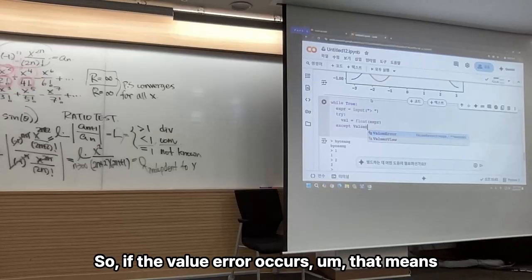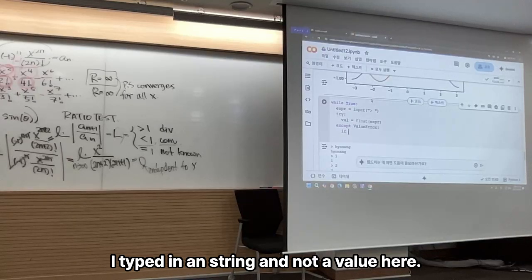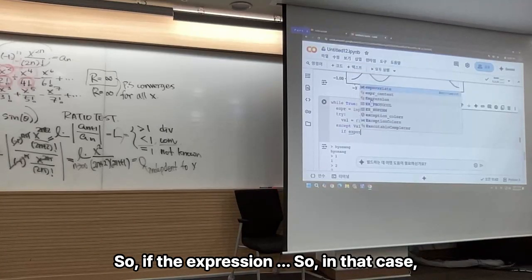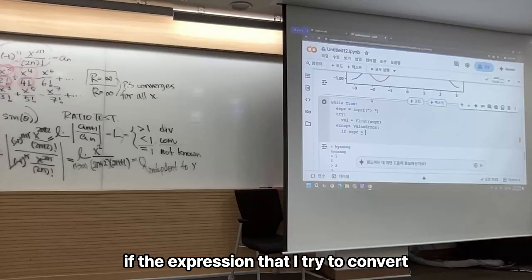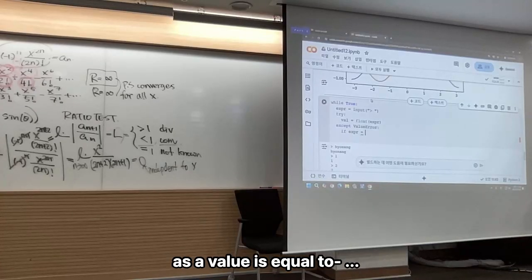So if the value error occurs, that means I typed in a string and not a value here. In that case, if the expression that I tried to convert to a value is equal to the string exit, then I'm going to break.